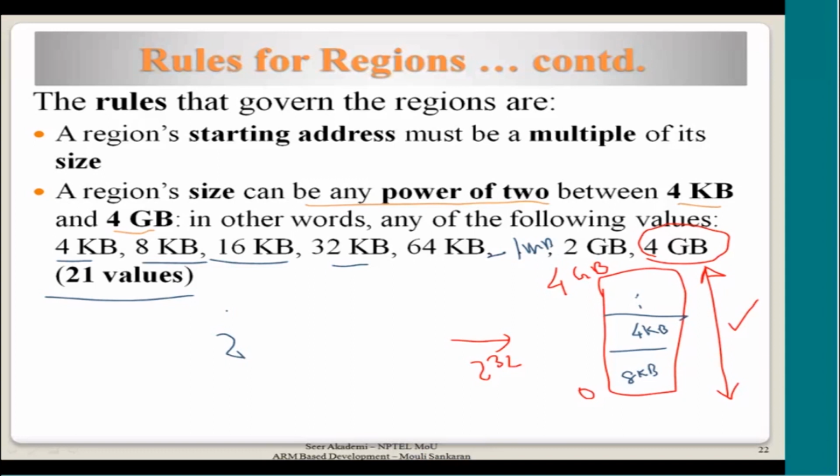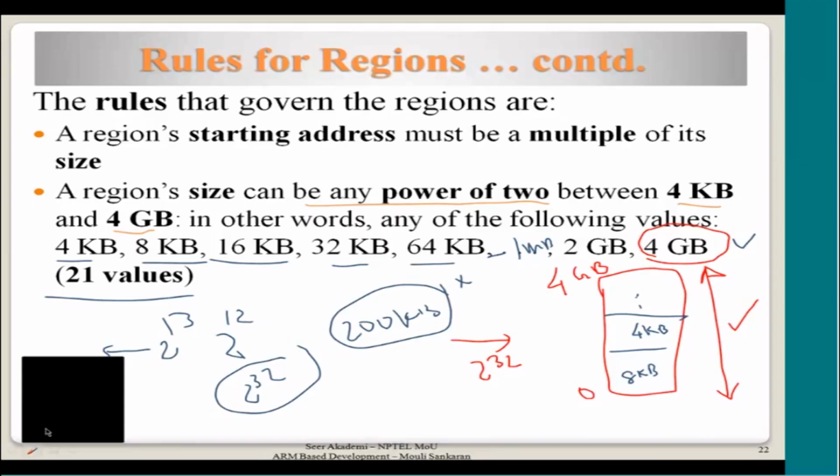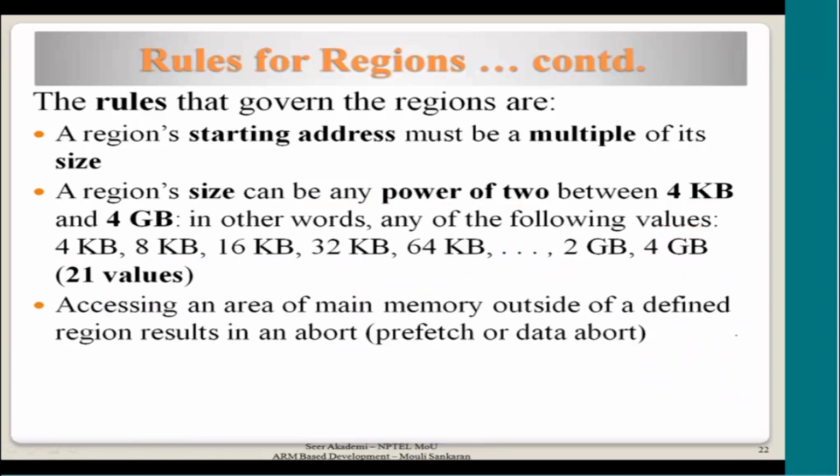So you are starting with 4 kilobytes, which means 2 power 12, correct? Then 2 power 13. Like that you can go on till 2 power 32, which is 4 gigabyte. So only these sizes are possible to define as a region. You cannot arbitrarily say that you want to define 200 kilobyte. No, you cannot. Okay, this is not a power of 2, and only these kinds of numbers are given in the book. You can look them up, or you can find out yourself. It's not rocket science.